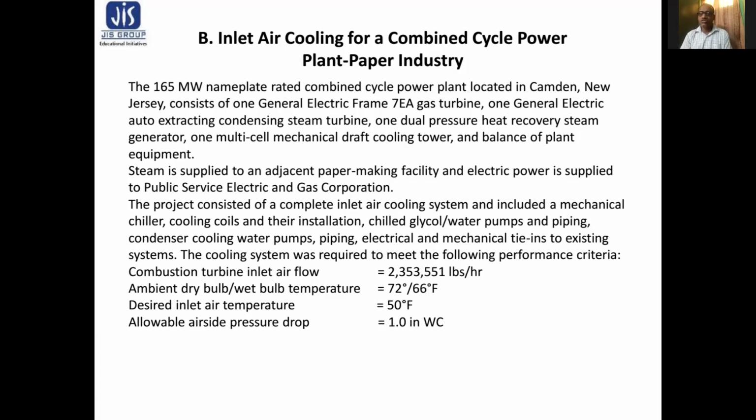It consists of one General Electric Frame 7EA gas turbine, an extraction condensing steam turbine, dual pressure heat recovery steam generator, multi-cell mechanical draft cooling tower, and a balance of plant equipment.